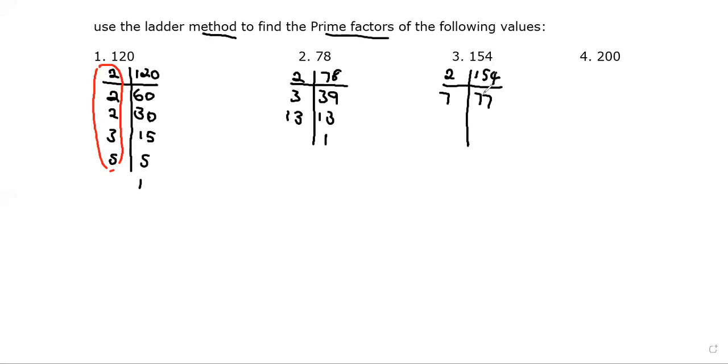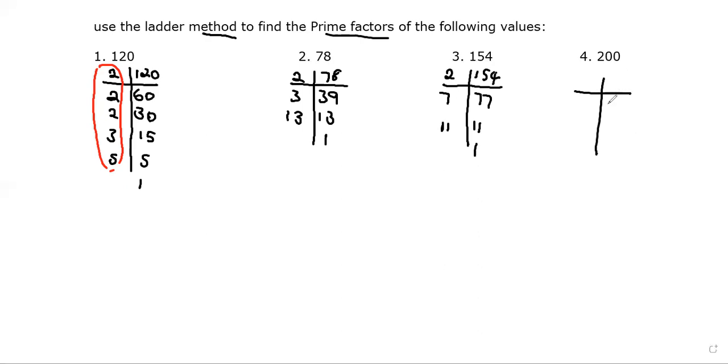So we say 77 divided by 7. We get 11. Now 11 is one of the prime factors. There is no number that can divide 11 except 11. So 11 divided by 11, you get 1. Then on your left, these are your prime factors.